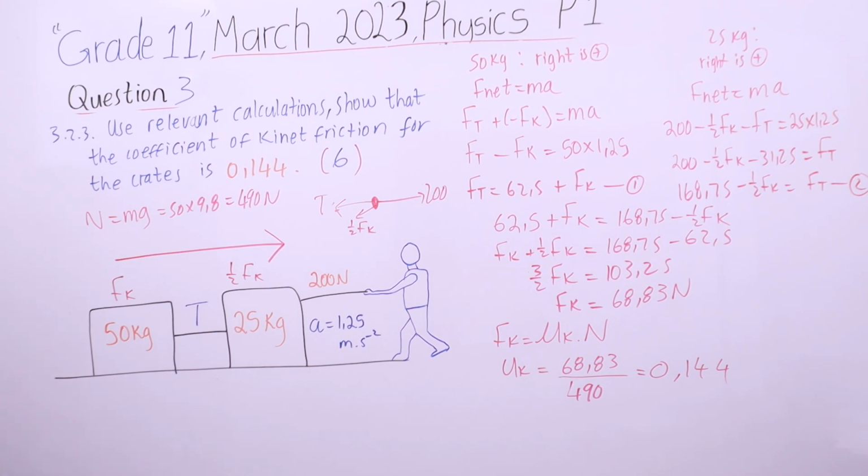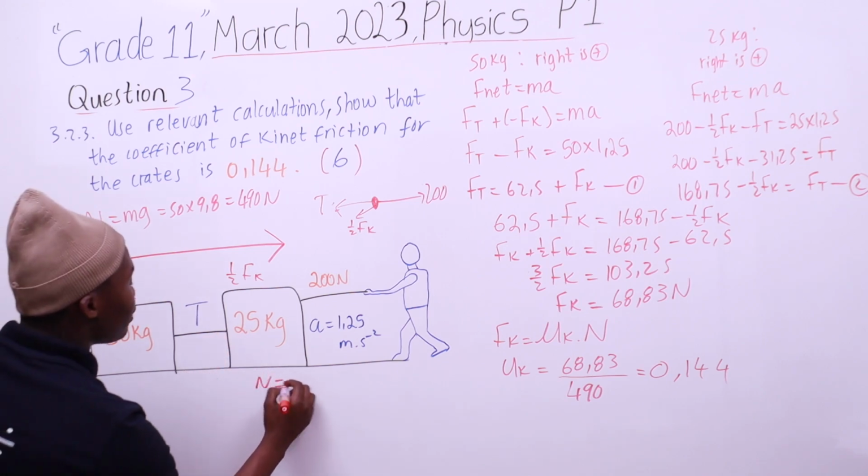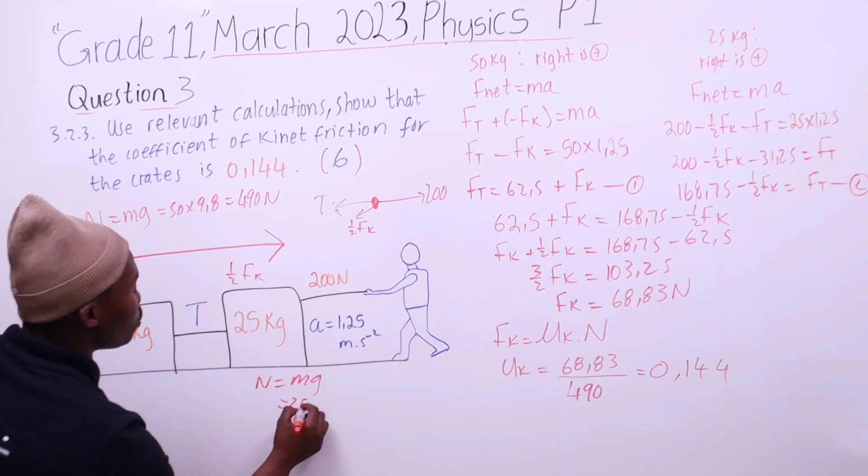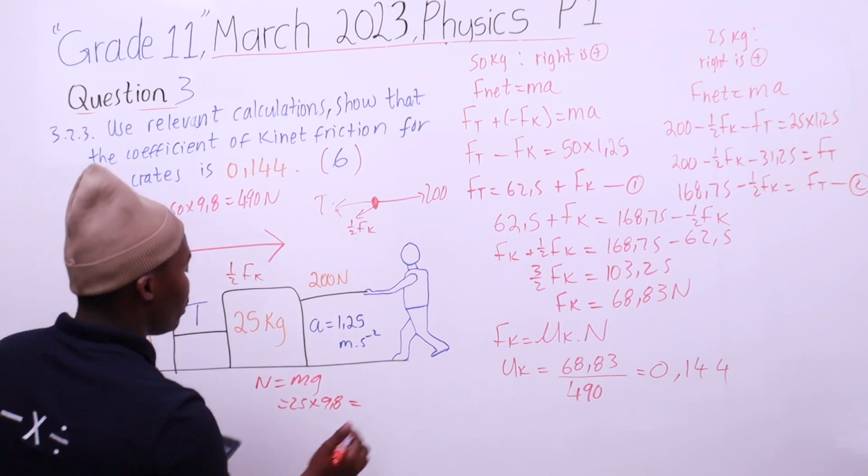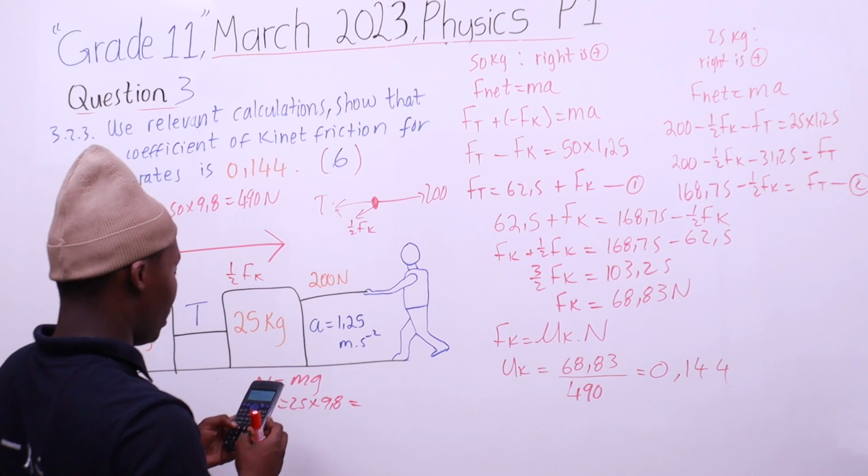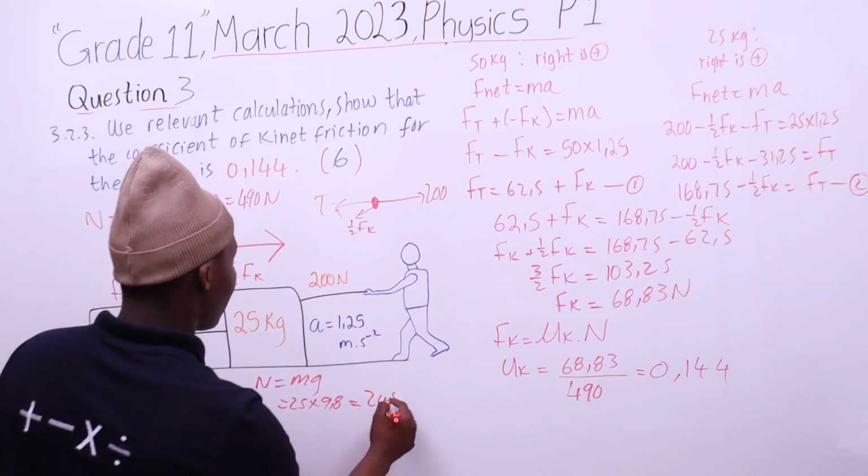Azama ukubona ngala ukuthi kuzofana yini. Normal force yala izolingana no mg, so 25 times 9,8, 245.